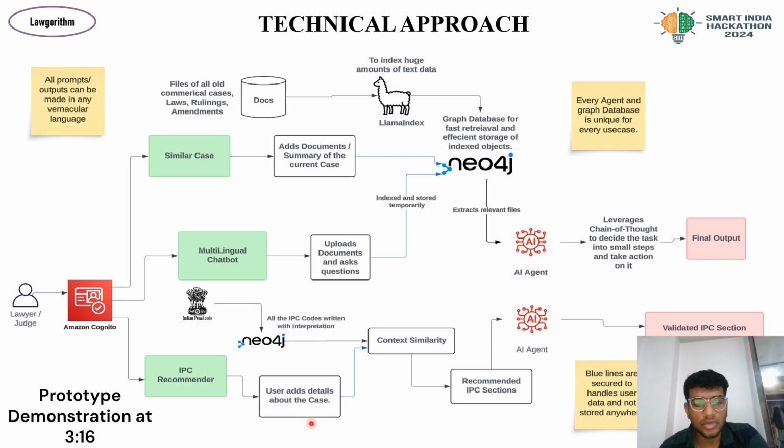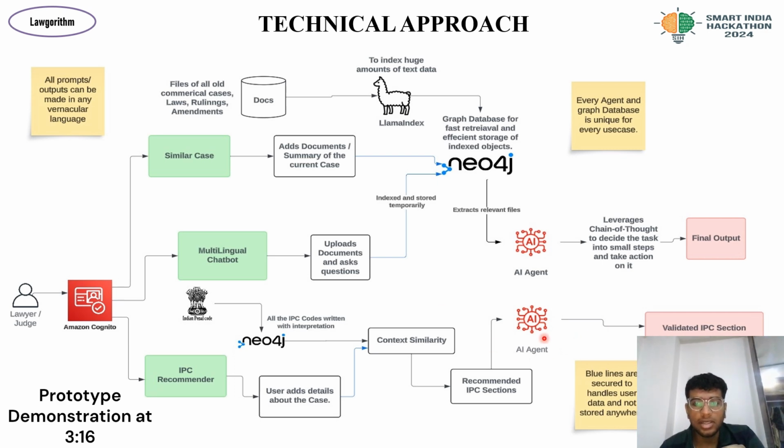When the user puts in details about the case, like there has been a fraud of this much, as an example, it would check the similarity with the IPC sections which might be applicable and recommend some IPC sections. The lawyer or the judge can then review this and take a verdict accordingly.